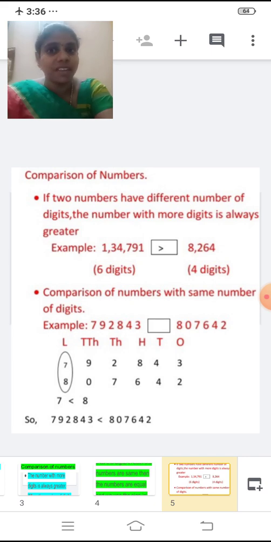So the first number is having more digits, right? So 1,34,791 is greater than 8,264.